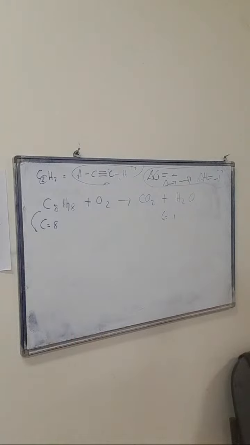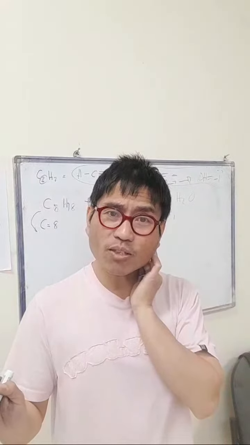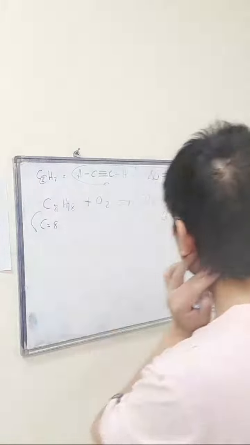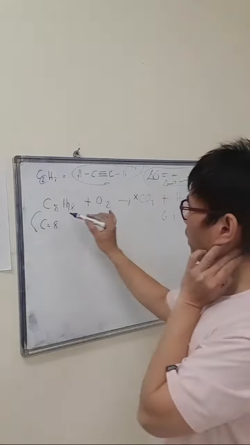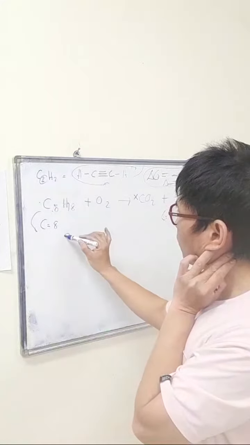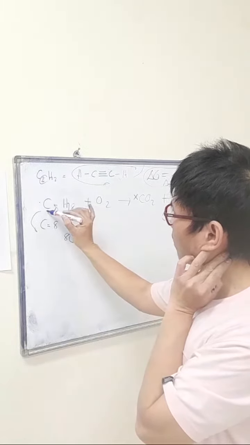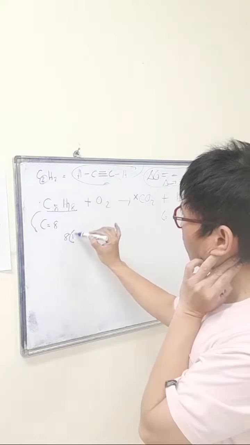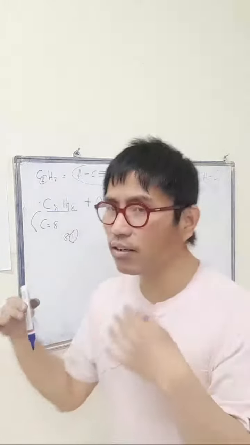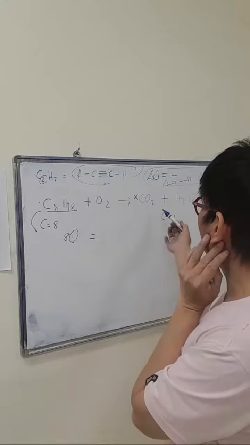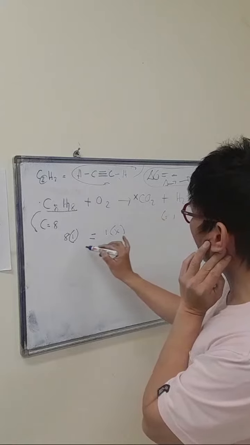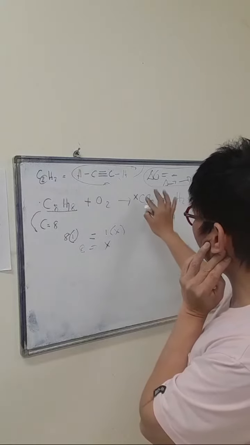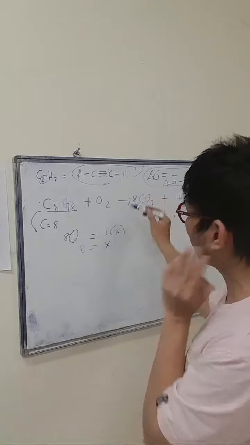We let X be the number of carbon dioxide molecules. Algebra: 8 times 1, the subscript times the moles of gasoline, equals carbon in carbon dioxide, which has no subscript, so 1 times X. Therefore, 8 equals X. So erase the X and put the 8 beside the carbon in carbon dioxide.